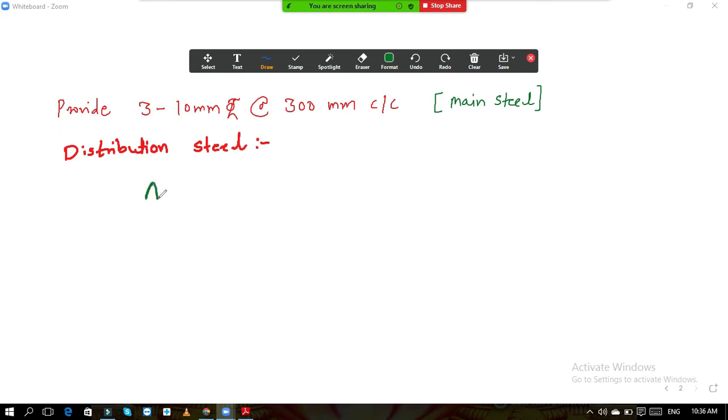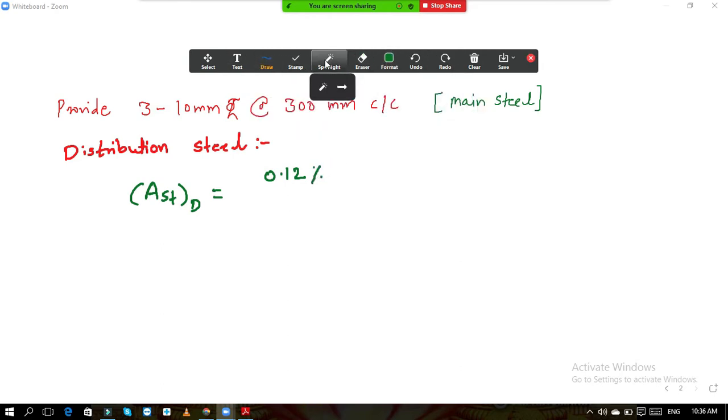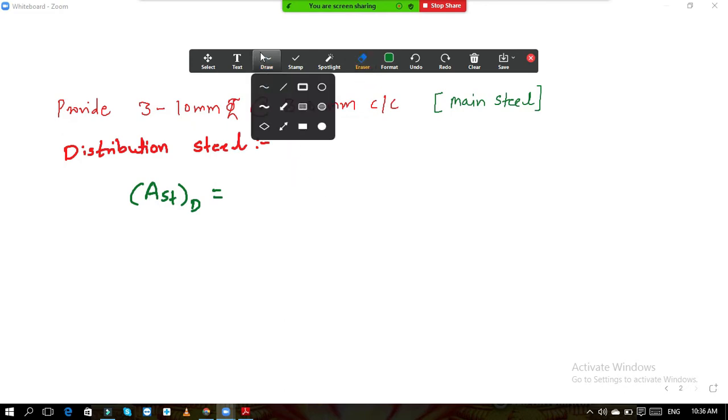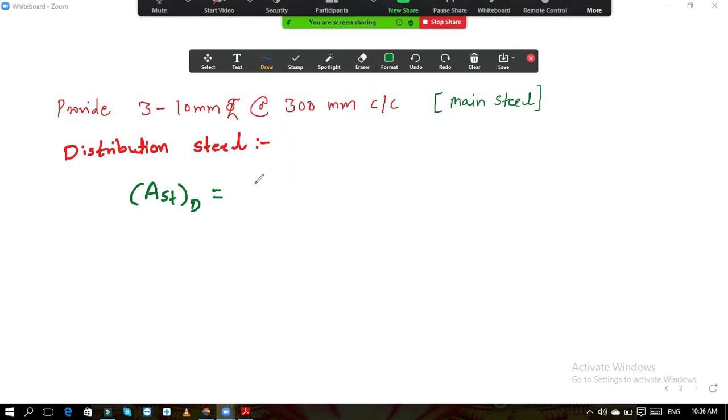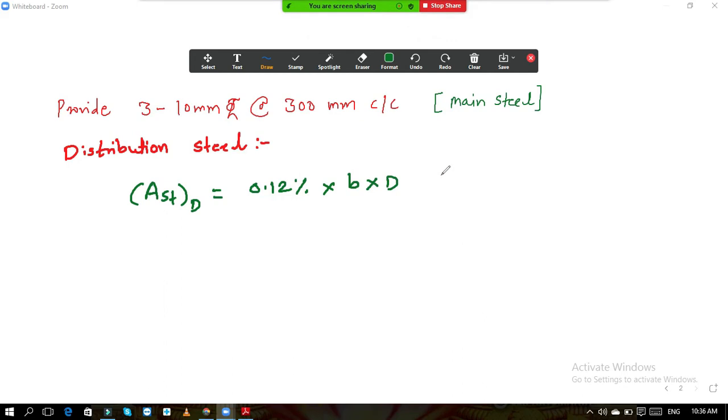So now Ast for distribution, I will write over here Ast D. This is the notation. Ast D is equal to 0.12% into B into D. This is the formula.